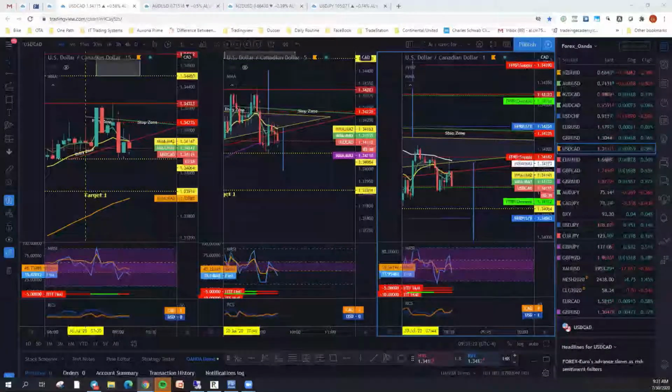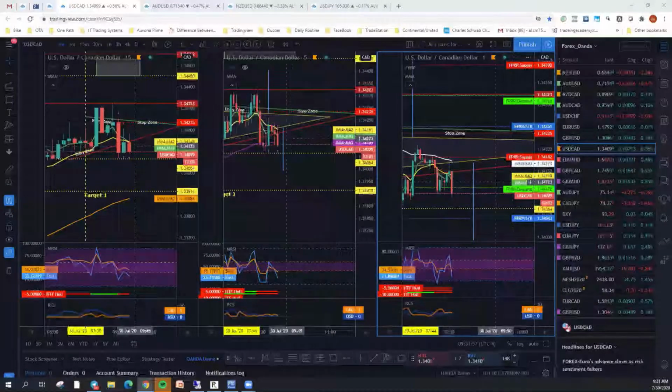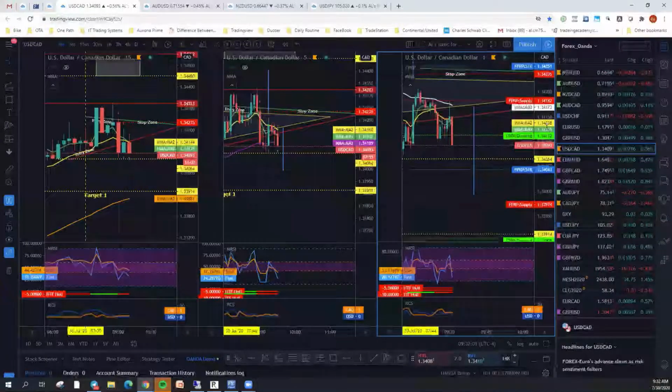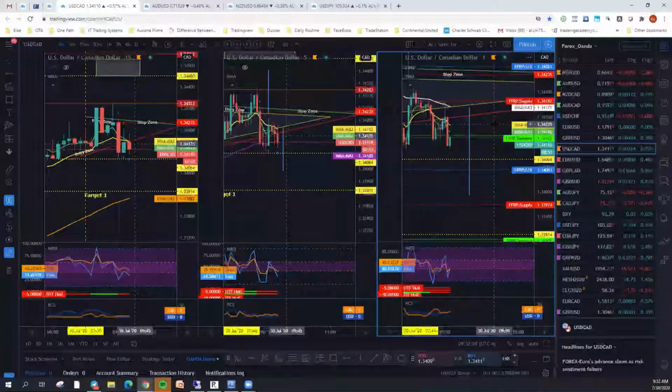And right now, the US CAD still seems to be the one that's in play. And we're 2 minutes into the market open.